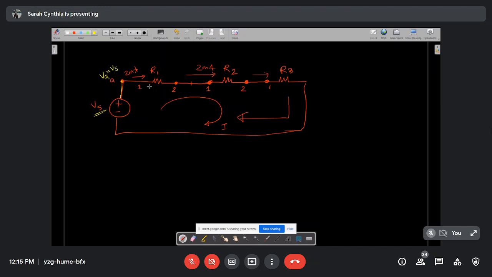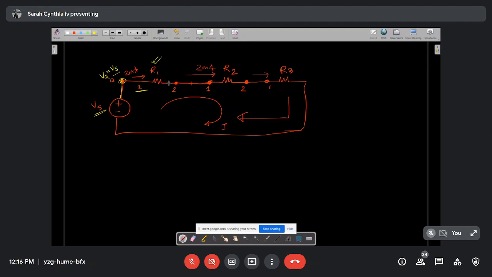Now, resistors basically drop voltages across them. The terminal 1 of R1 is connected to node A, which has a voltage VS. After the current starts flowing through this resistor, there will be a certain amount of voltage drop across R1, right?